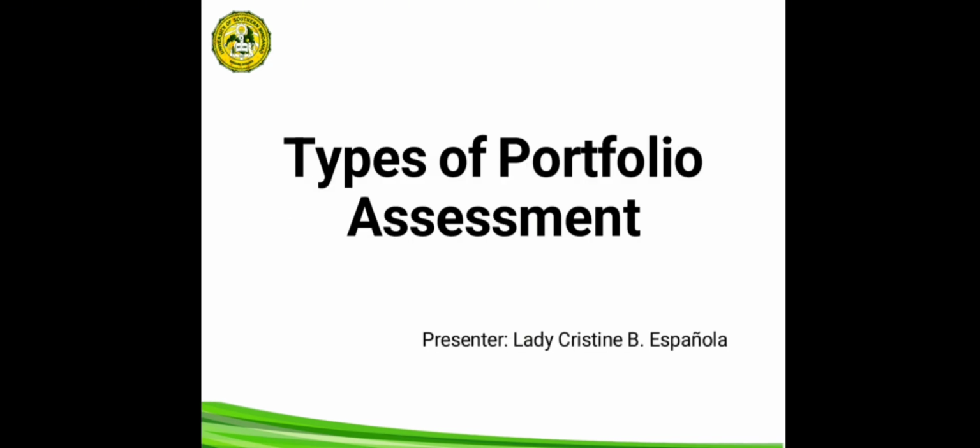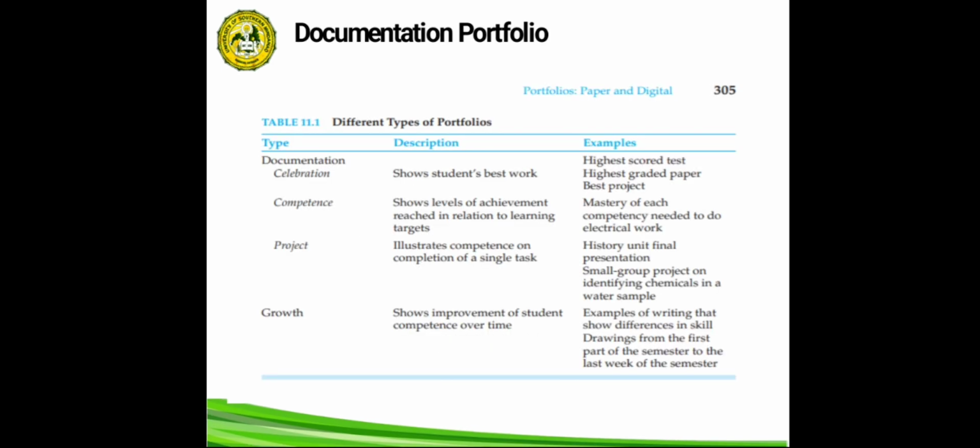Now we are going to discuss the different types of portfolio assessment according to Macmillan. So there are only two types of portfolio assessment, which are the documentation portfolio and the growth portfolio. However, the documentation portfolio is also divided into three different types.